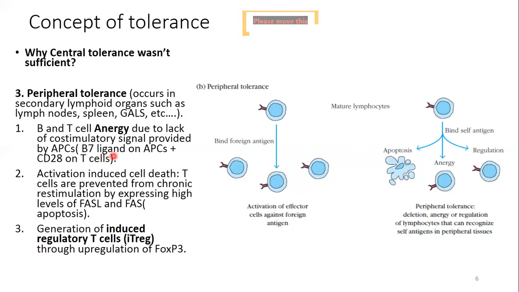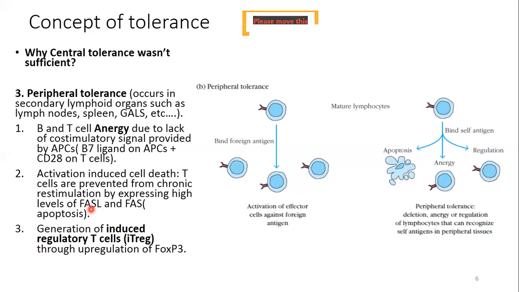Activation also induces cell death, as I said earlier. Whenever a lymphocyte is activated, it has a very short half-life and should die. It expresses Fas and Fas ligand, and when these receptors and ligands are engaged, the cell undergoes death.